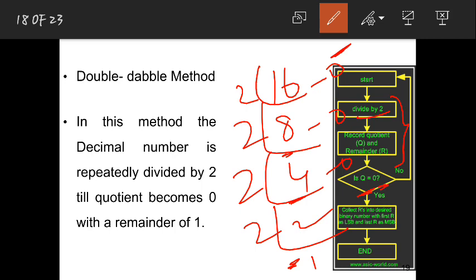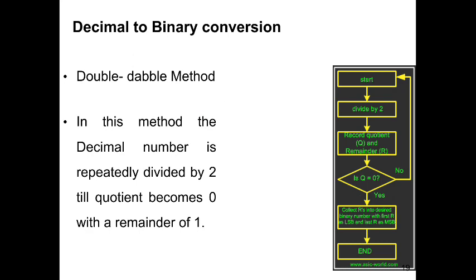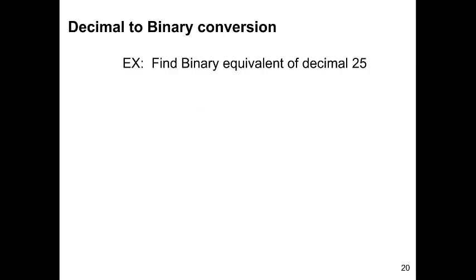So whenever I am getting this, I will consider it to be LSB, and this I will consider to be MSB. Is that fine? So this is nothing but the flowchart explanation of the way you convert from decimal to binary.